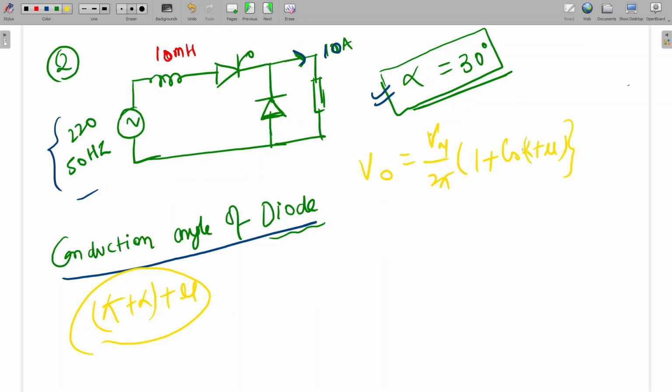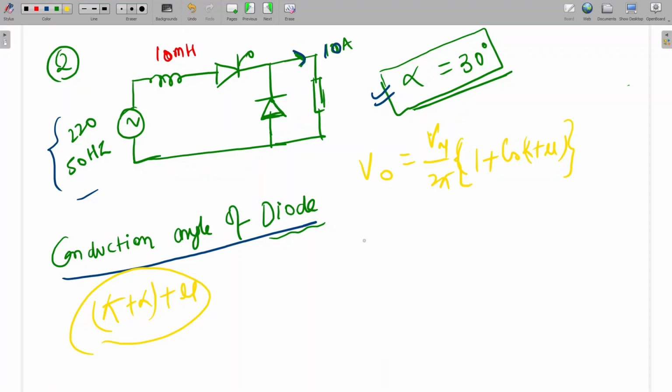This was the formula. But here, do we know the output voltage? We don't know here. Yes, sir, not given. 10 amps is given.